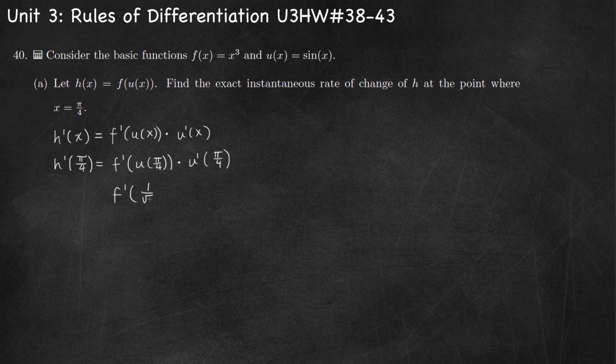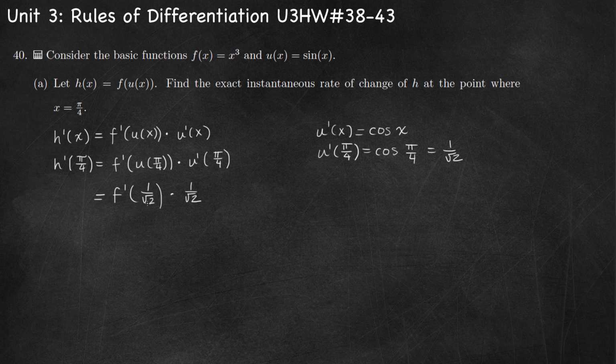So I need f prime of 1 over root 2 times u prime of pi over 4. Well, I haven't found u prime of x, so let's do that. U of x equals sine x, so u prime of x equals cosine x. And now u prime of pi over 4 is the cosine of pi over 4, which is also 1 over root 2.